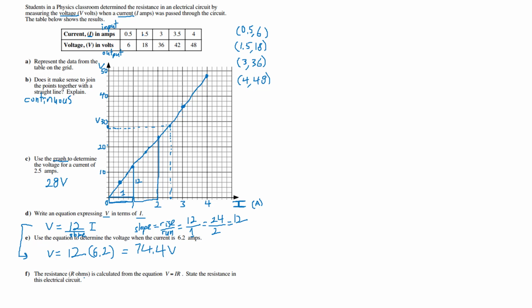The resistance, R ohms, is calculated from the equation V equals IR. State the resistance in this electrical circuit. All right, this seems like a trickier question than it really is. We've got voltage is equal to IR. If you've taken some physics courses, you might already be familiar with this or done some electrical work in your day. So we've got an equation of V equals 12I.